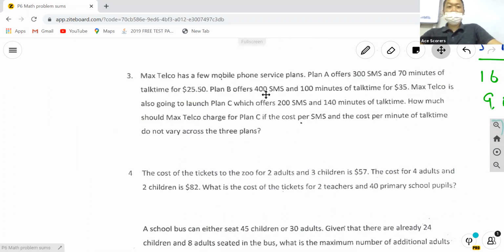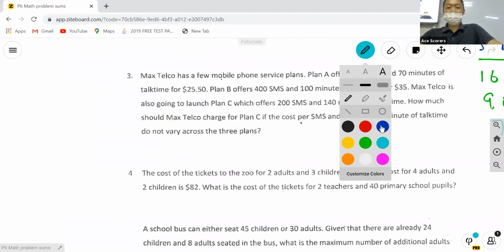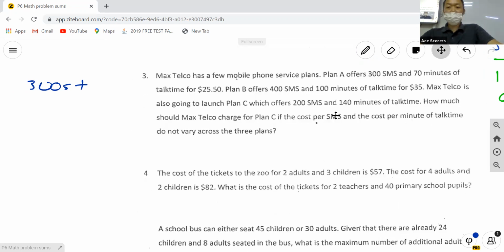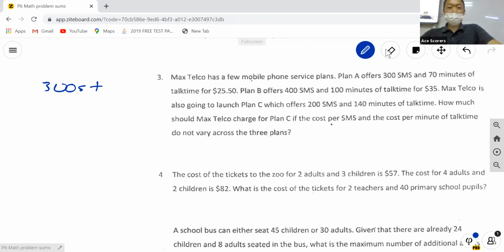Okay, next, Max Telco. There's a few more plans, right? Plan A is 300 SMS, 70 minutes for $25. So 300S plus 70T equals $25.50.